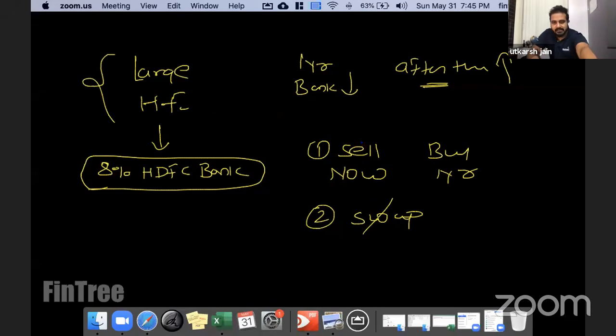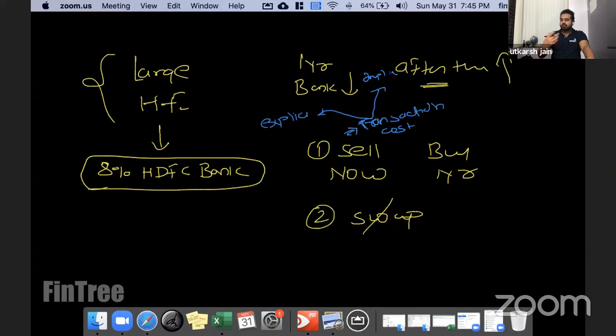So what's the problem with selling now? There are multiple problems. Number one, the most important problem is if you sell now in such a large quantity, there is going to be a very massive transaction cost. Now, you might argue, Utkarsh, we have low-cost brokers like Zerodha now, with almost negligible transaction cost. But what I want you to appreciate is transaction costs are of two types. I don't want to get too technical here, but there is an explicit transaction cost and also an implicit transaction cost.